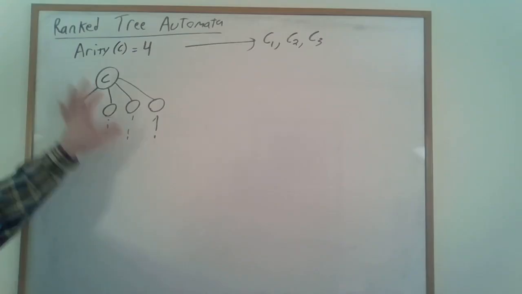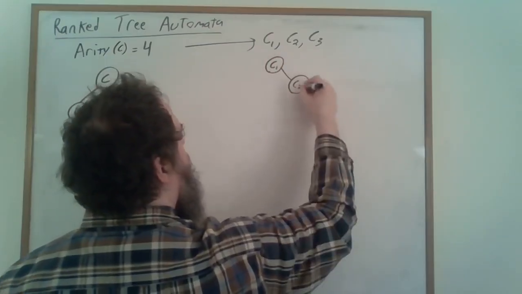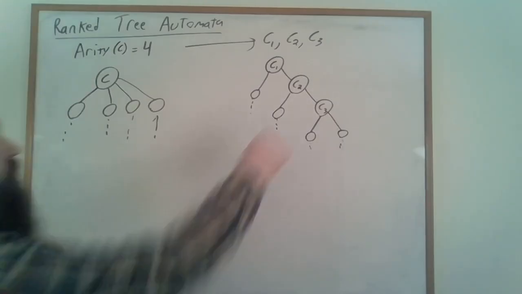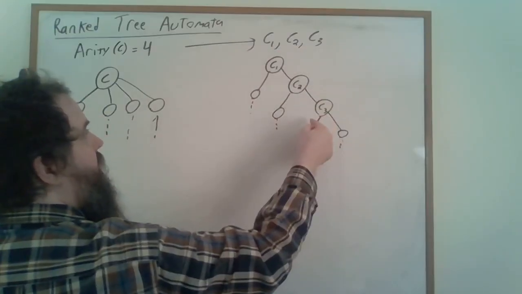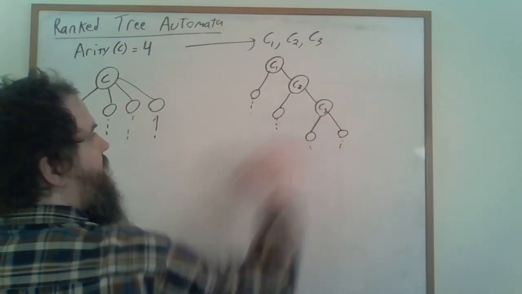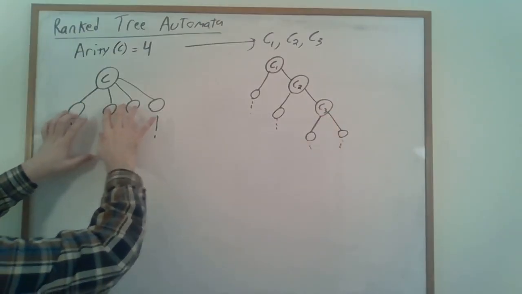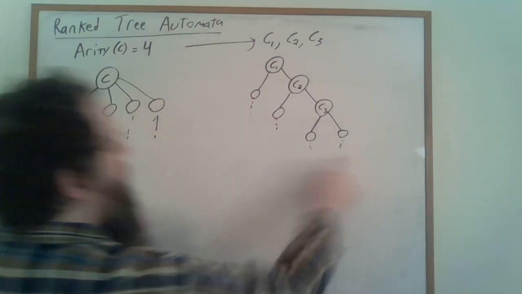Then we're going to translate this configuration into, in particular, everywhere we see the node C in our ranked tree, we're going to replace it by a chain of 3 nodes in our binary tree, C1, C2, and C3. And then we're going to take the child nodes and just hang them off in order like this.